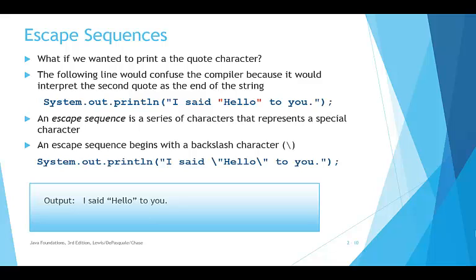Well, the way we manage this is by using the escape sequence \". If we put the \ in front of the double quotes, Java then knows that we literally want to print out those double quotes.